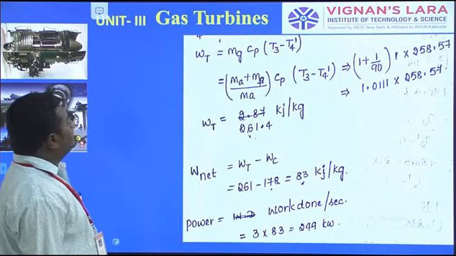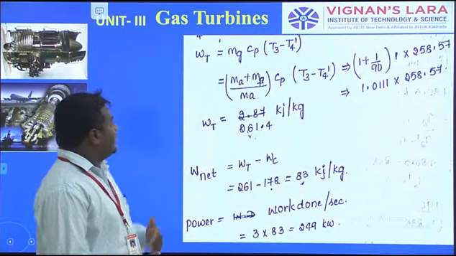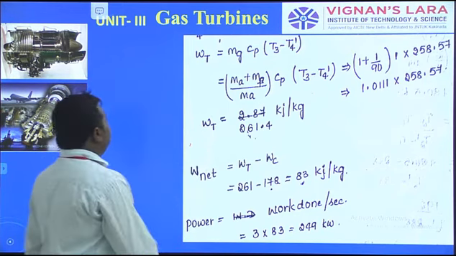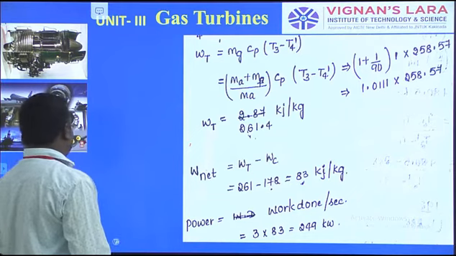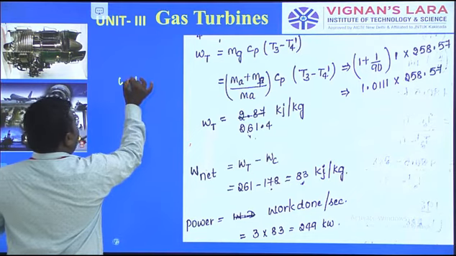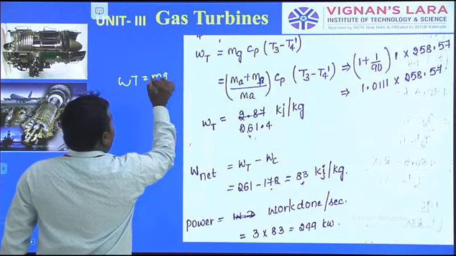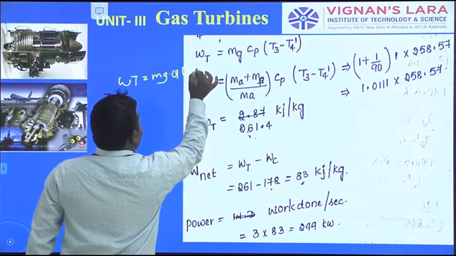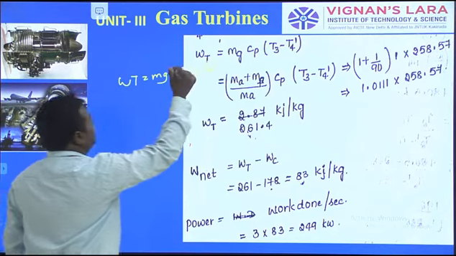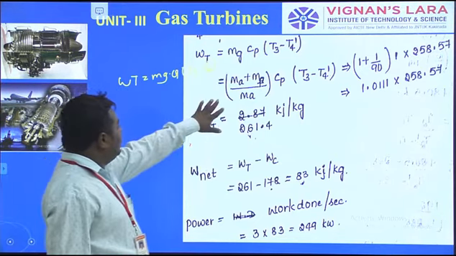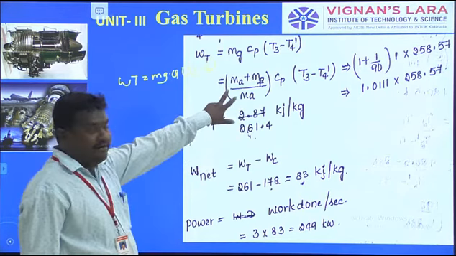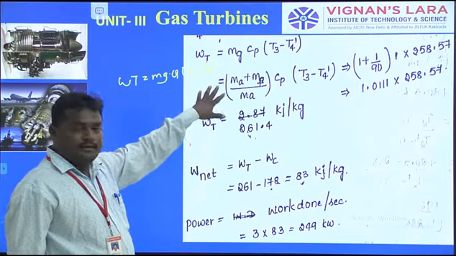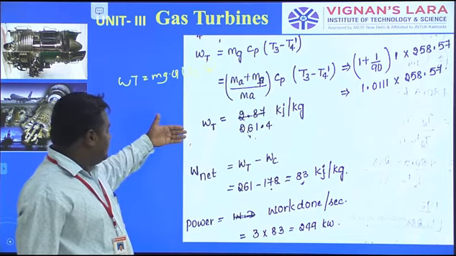Then the work done by the turbine. WT equal to mg into Cp into T3 minus T4 dash. We know the values of MA and MF, and the Cp value of air as well as the gases.